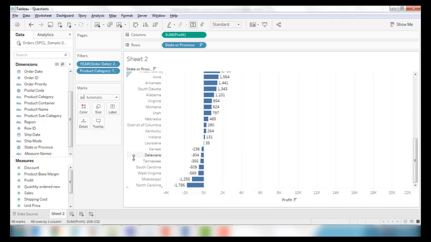Another approach of the same question could be to use a calculation where we can get the value if the profit is less than 0. Let me do that one also.